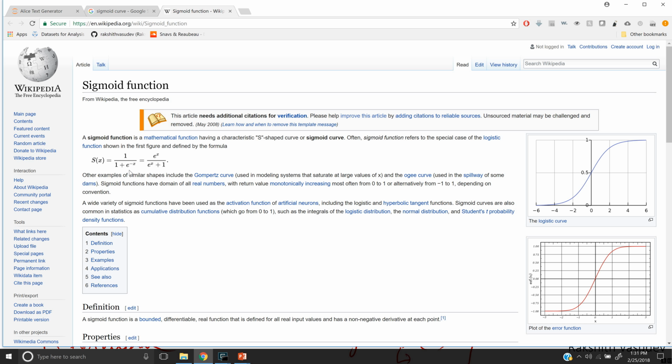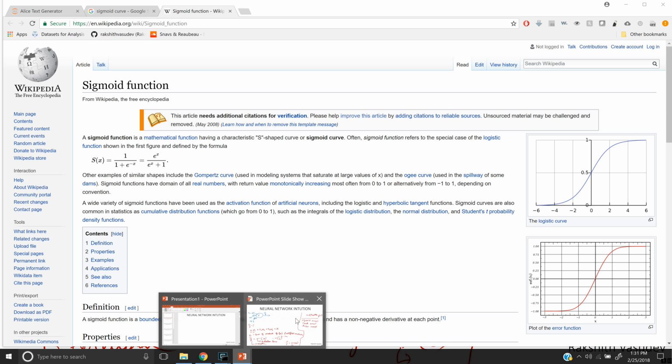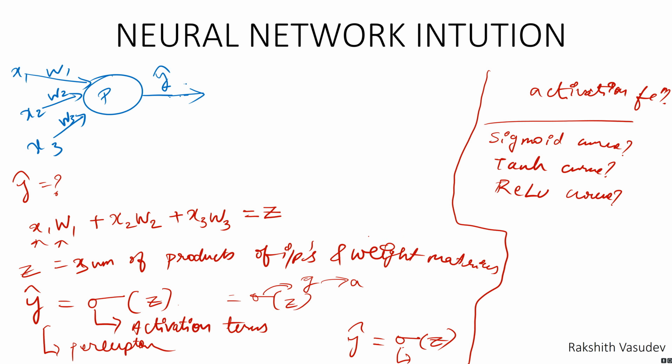In sigmoid, basically all these activation functions do something called non-linearity. Activation function is nothing but it is going to introduce non-linearity.